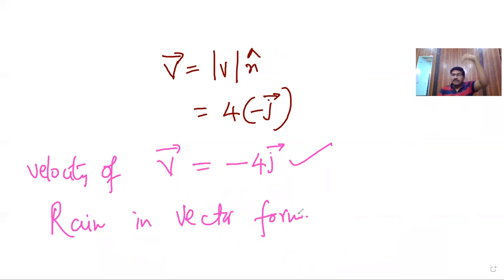I am reversing the unit vector to the rain direction. When a vector's direction is reversed, it becomes negative. So minus. Clear? This is the answer for the above question. Now let us see the third question.